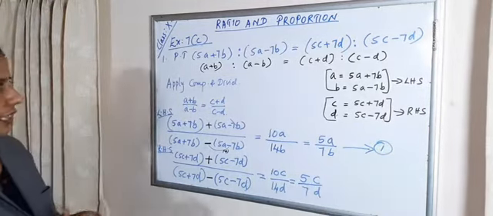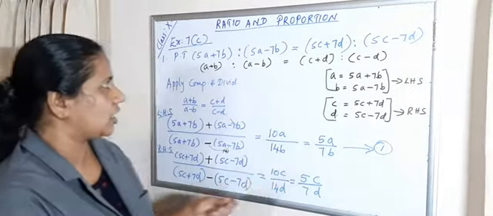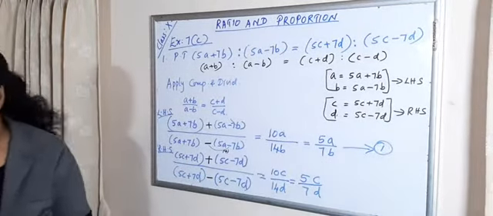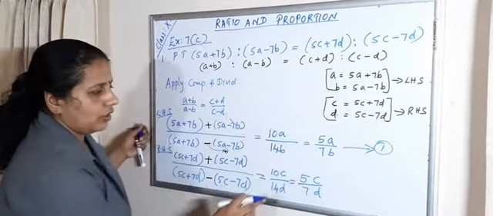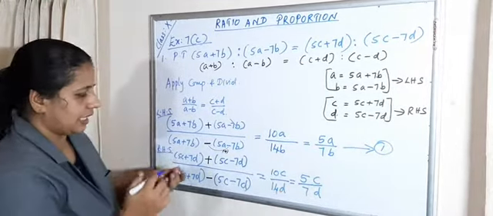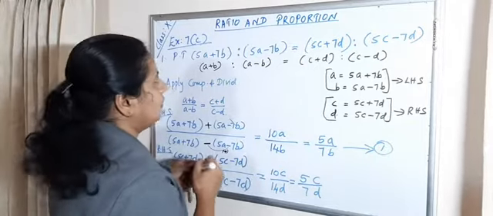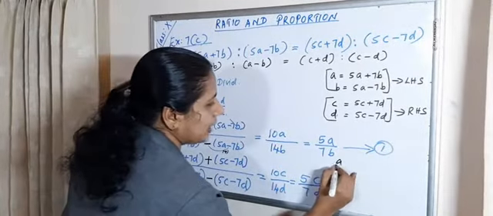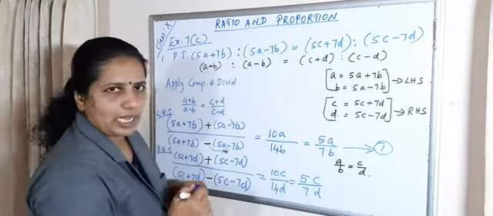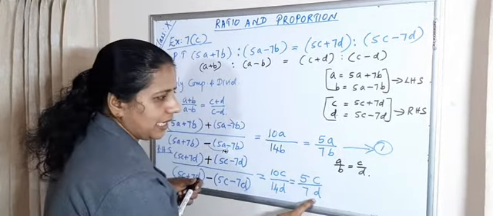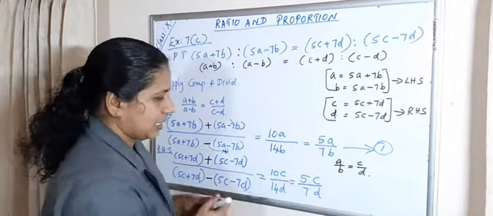That is 5A by 7B equal to 5C by 7D. So, we got 5C by 7D. And we have A by B is equal to C by D. So, I am writing C by D as A by B itself.